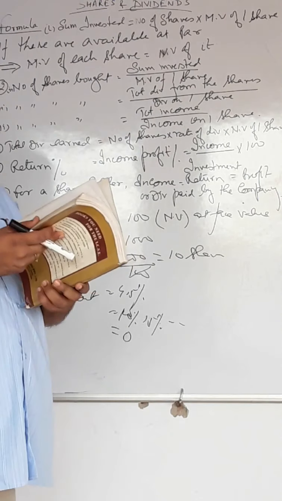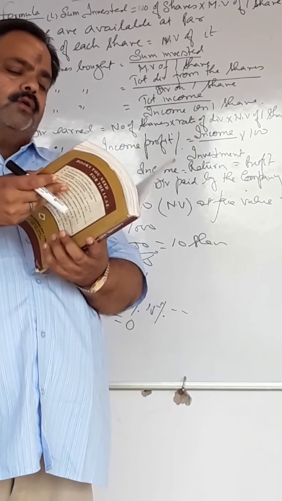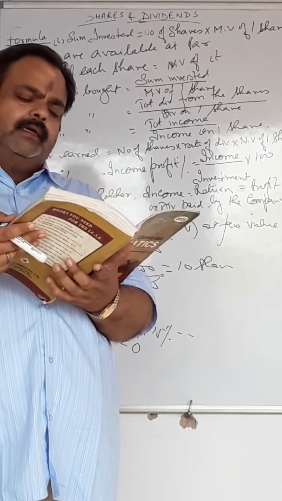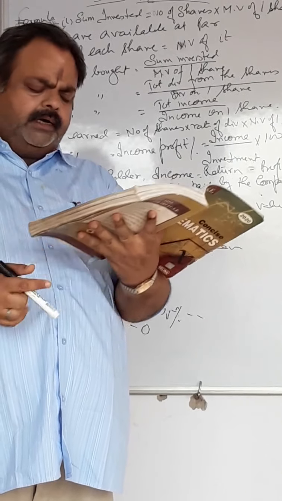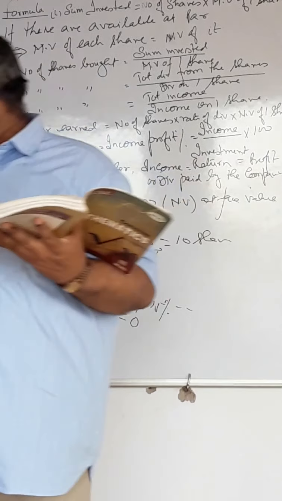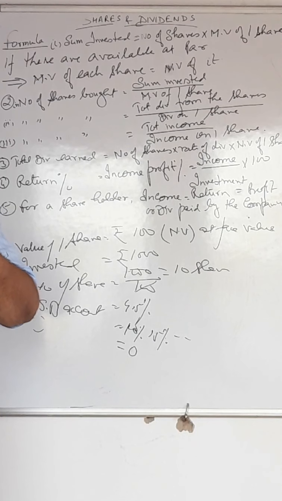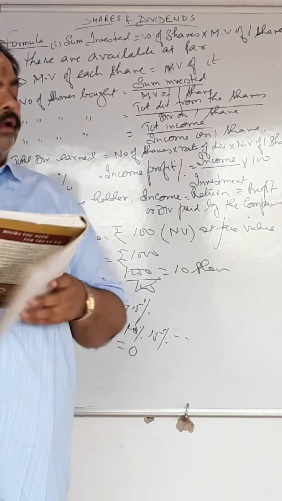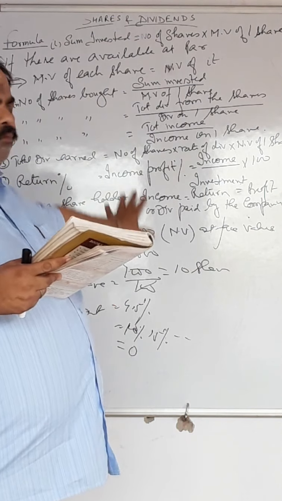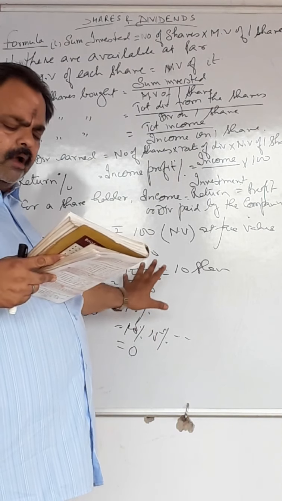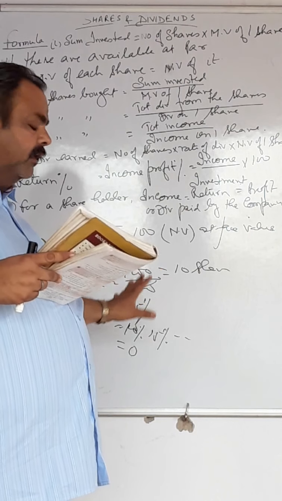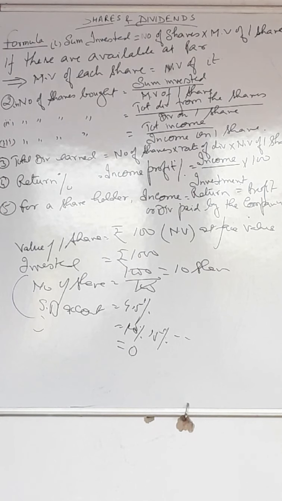Please open your books, exercise 3A, page number 29 in my book. All have written these formulas. Note them down and then come to exercise 3A.